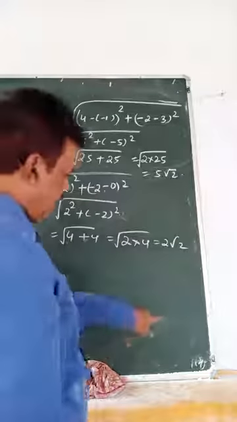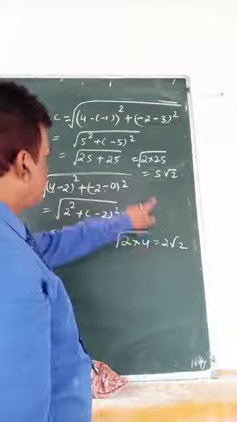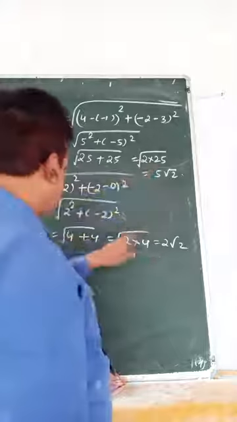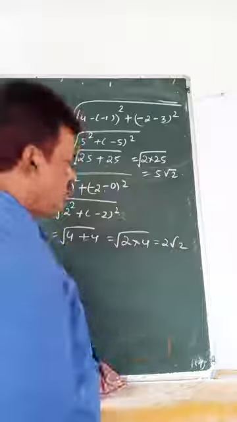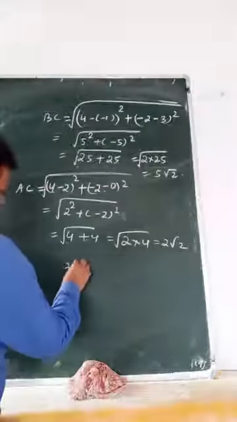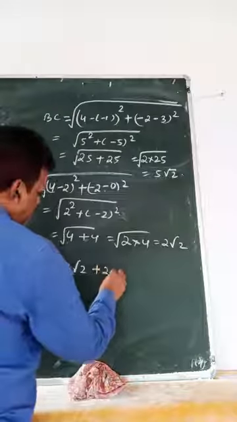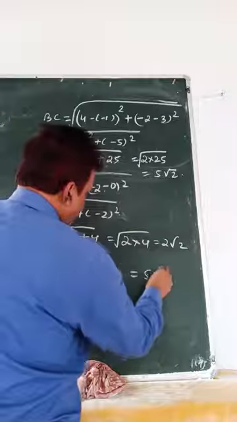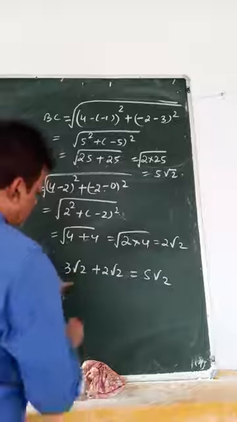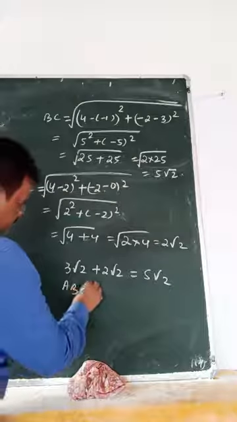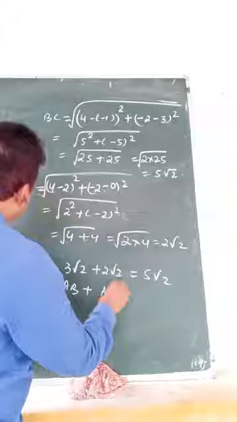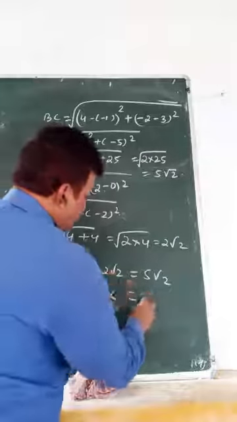Now you can check: AB you got 3 root 2, BC you got 5 root 2, AC you got 2 root 2. That means 3 root 2 plus 2 root 2 equals 5 root 2. This is your AB, this is your AC, and this is your BC.